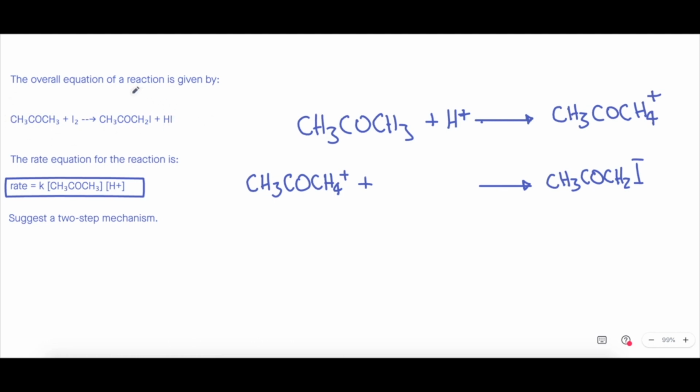From the overall reaction, you can tell that there's an I2 somewhere on the left-hand side, because remember, the overall reaction is going to be both of the mechanism steps added together. So the I2 will probably come here, and then if you think about it, if you add I2 onto this, the H from the H plus can be added on to this to form HI. So we'll put that in.